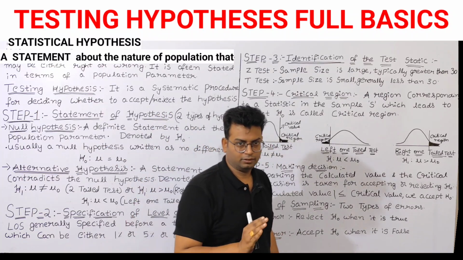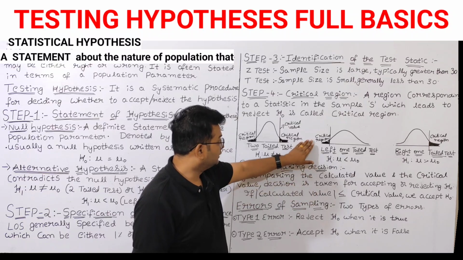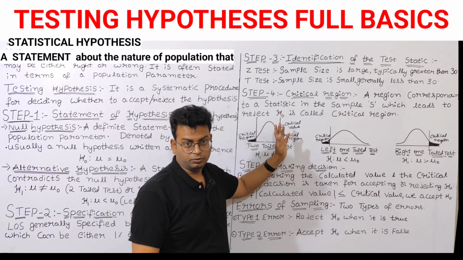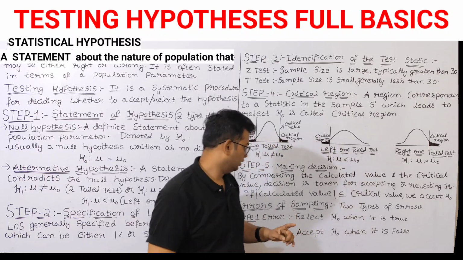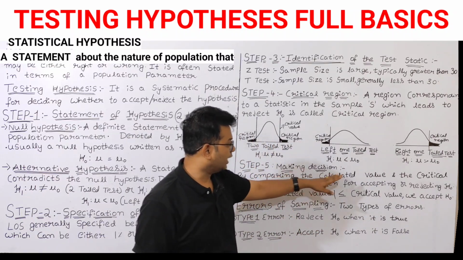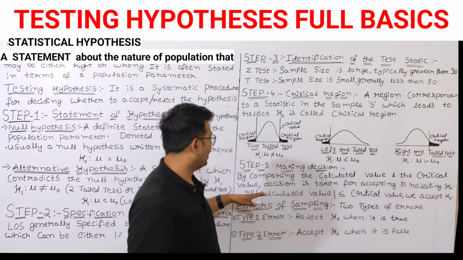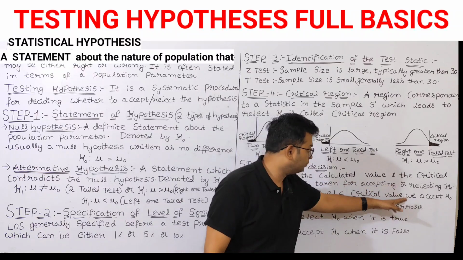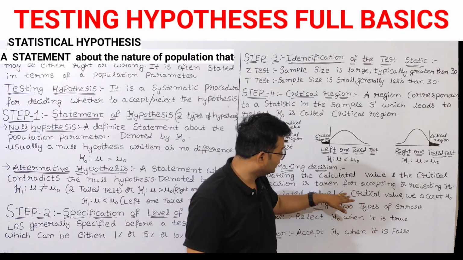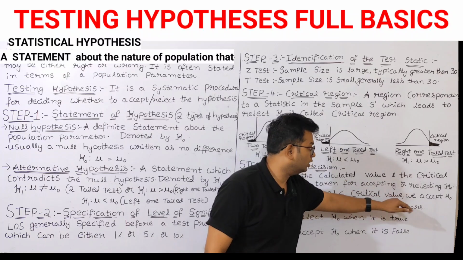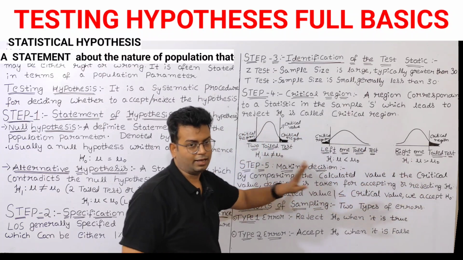If the calculated value is greater than the critical value, then we reject the null hypothesis. By comparing the calculated value and the critical value, the decision is taken to accept or reject.